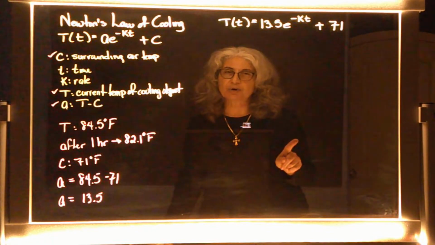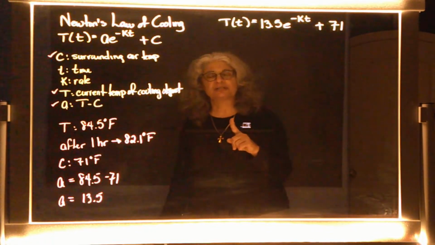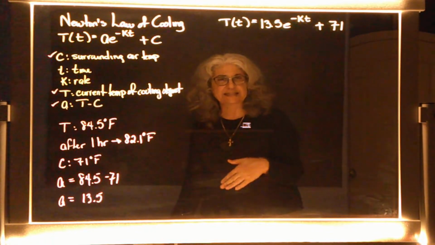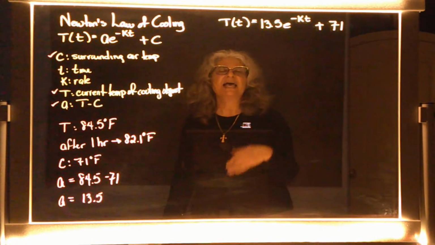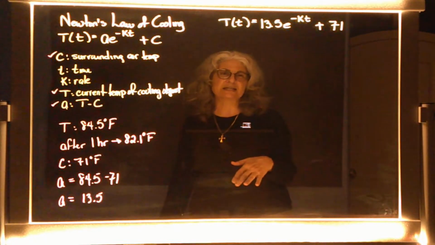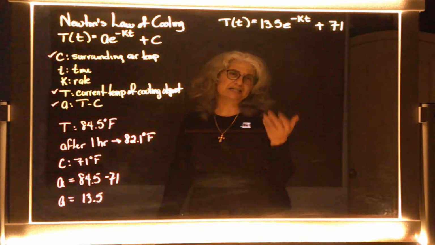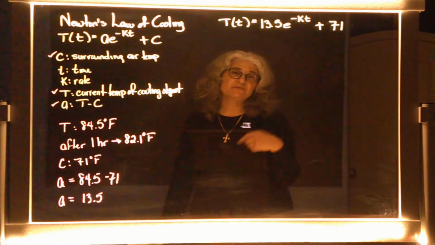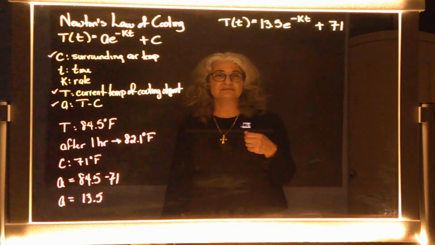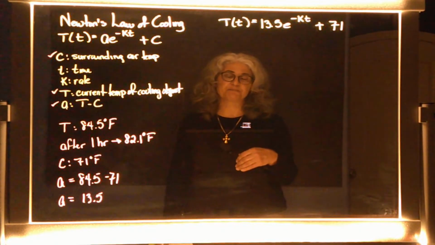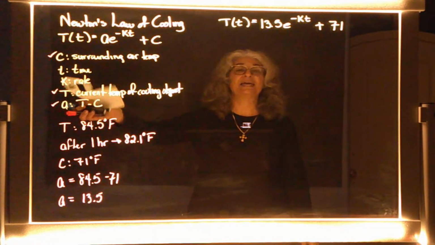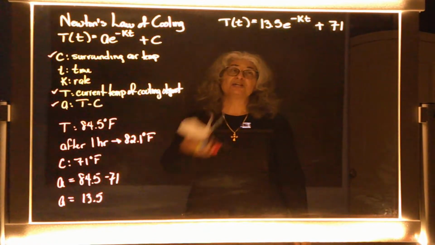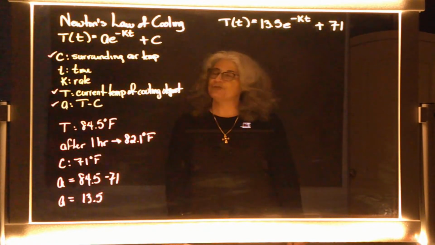It's not a decay model, but I'm going to kind of throw decay model in there because decay model means it's going down, it's decreasing, and cooling means it's decreasing. Besides knowing the initial amount, so to speak, in those decay models, what was the other piece of information we needed to know? We needed to know the rate. In this problem, K also represents the rate. Do I have the rate? No, I don't.